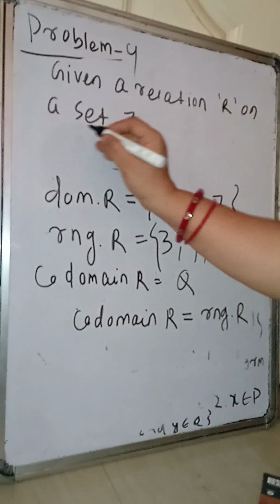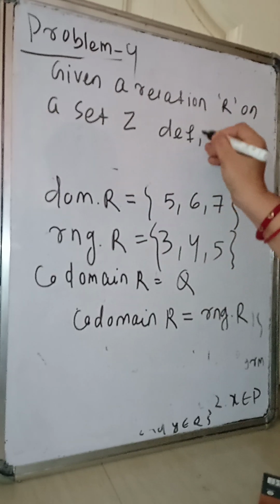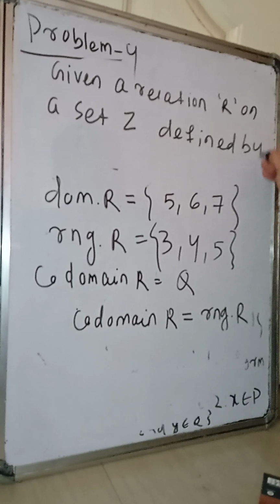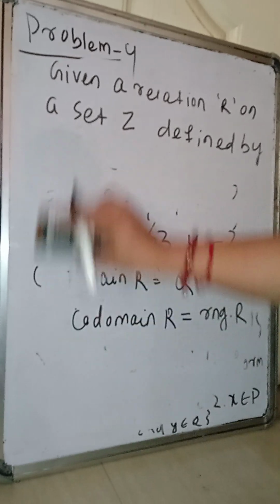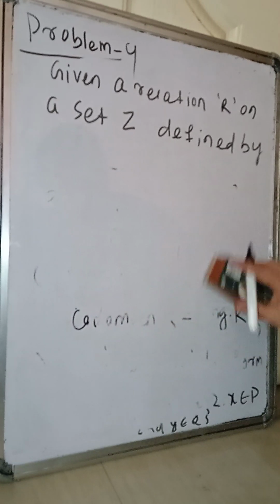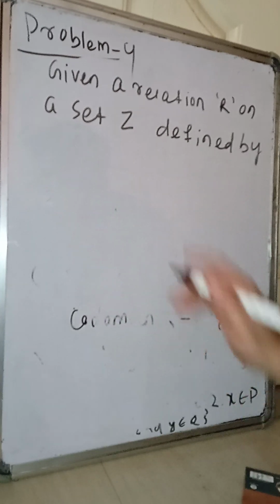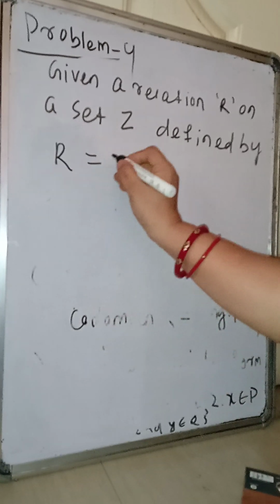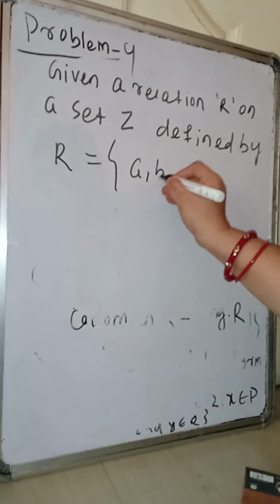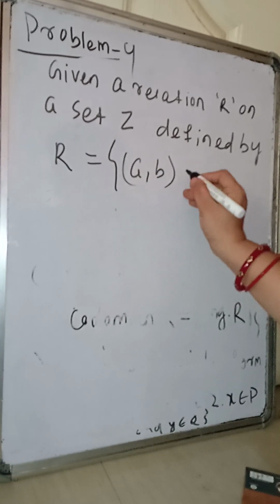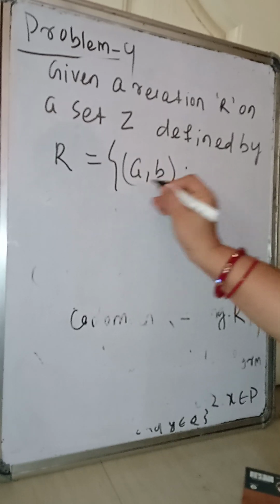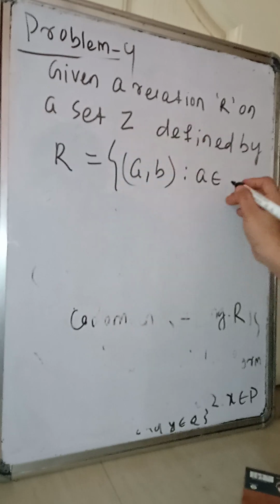Given a relation R on a set Z defined by R equal to the collection of all ordered pairs (A, B) such that the first element A belongs to Z and the second element B also belongs to Z, meaning in this case both the first set and the second set are the same.